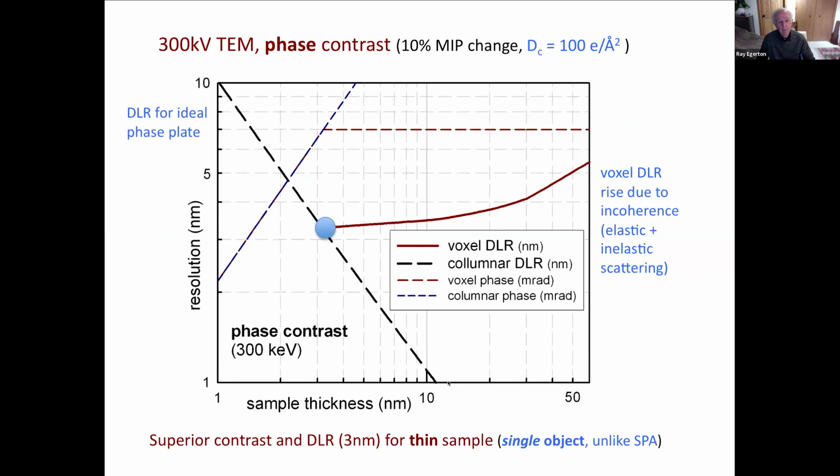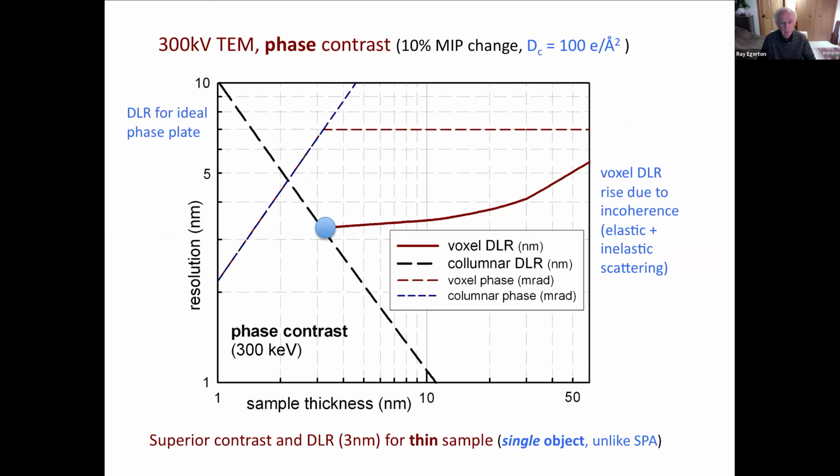But supposing we have a thin sample, what's the best situation? Well, we can change our imaging mode from diffraction contrast, scattering contrast, to phase contrast. As biologists have known for a long time, that gives us the best contrast and therefore the best dose-limited resolution.